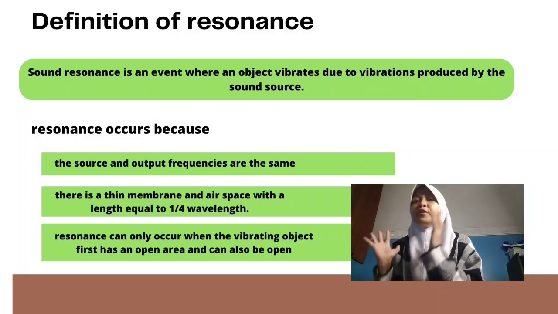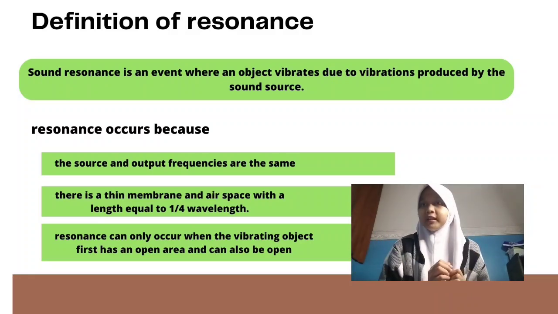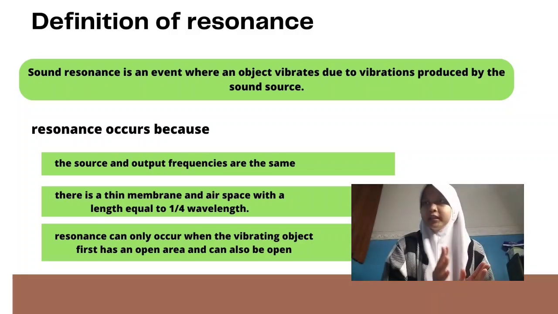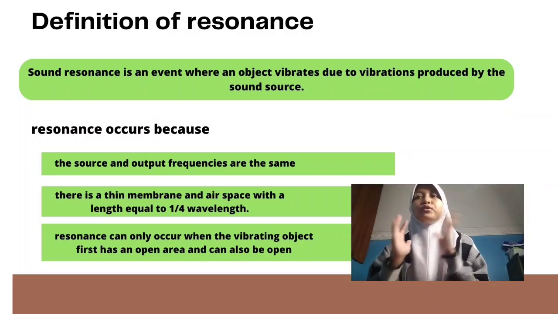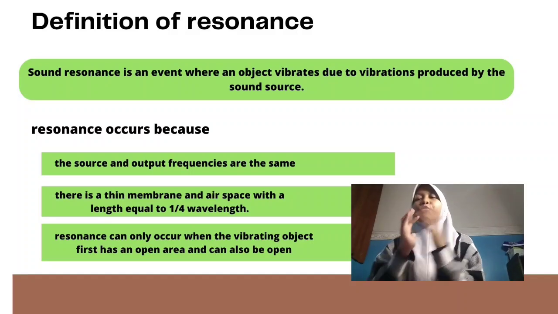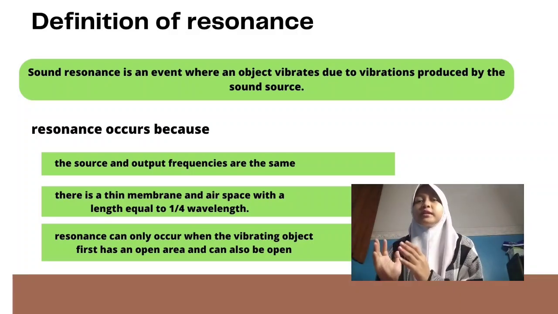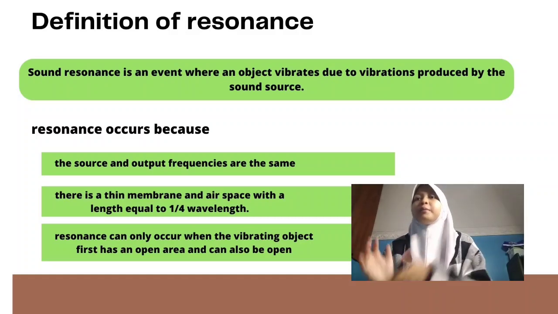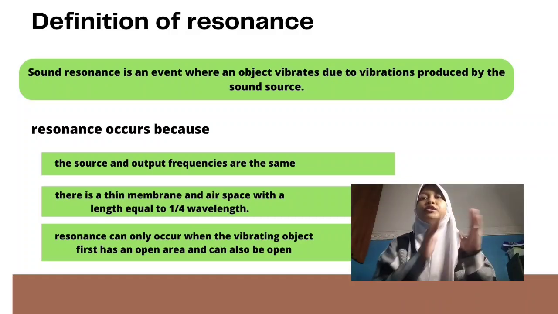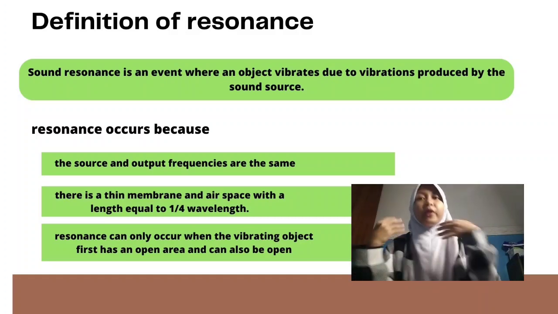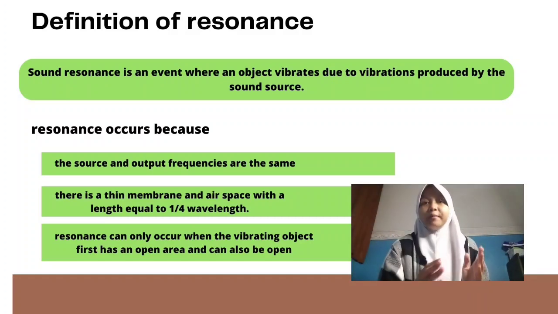So, the definition of resonance is an event where an object vibrates due to vibrations produced by a sound source. Resonance occurs because first, the source and output frequencies are the same.